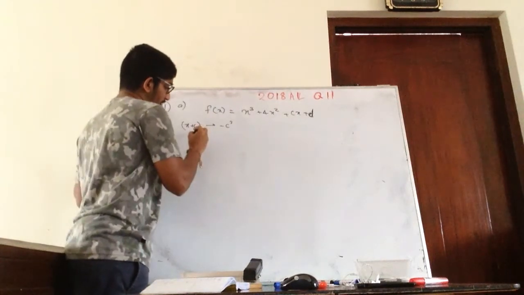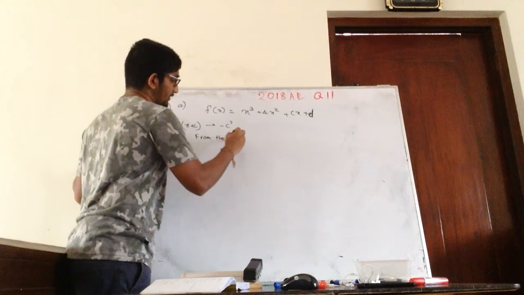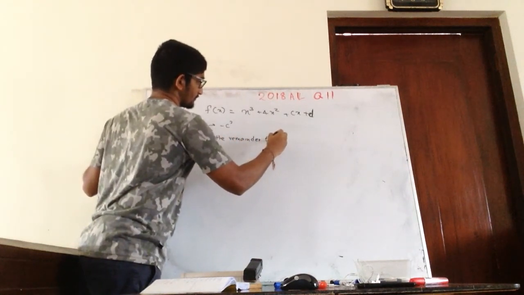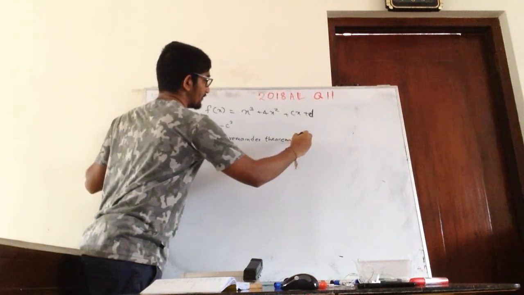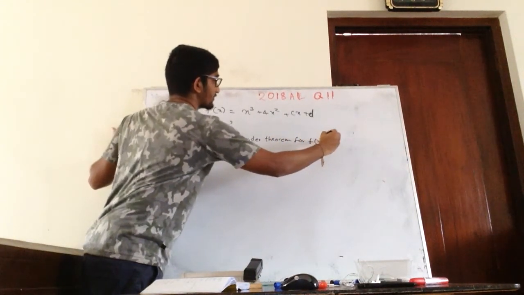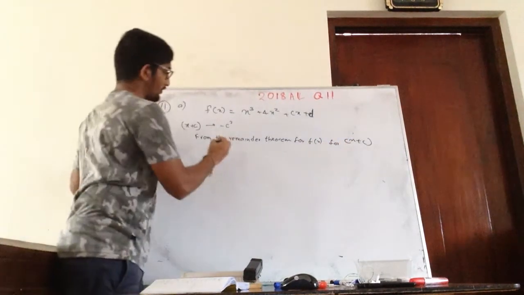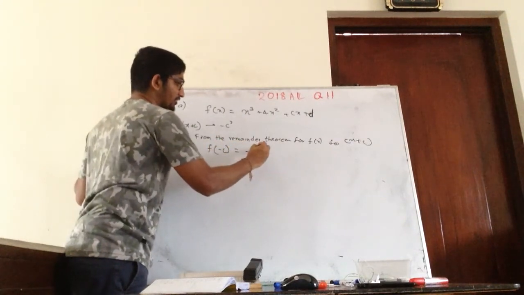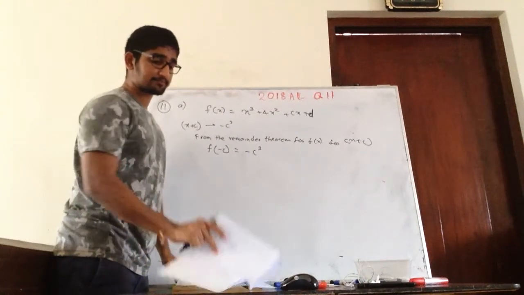So from the remainder theorem, for f(x) for x plus c, we can say that f of minus c is minus c cube. So that is the remainder theorem.